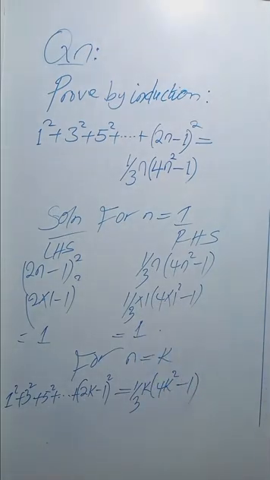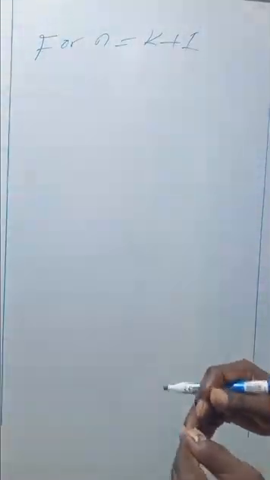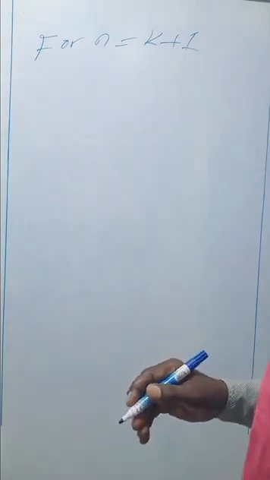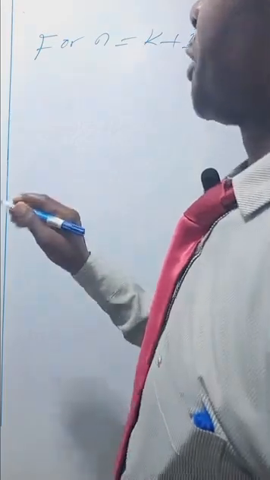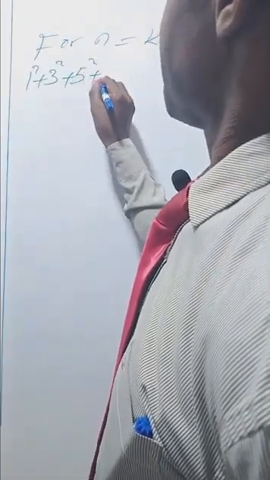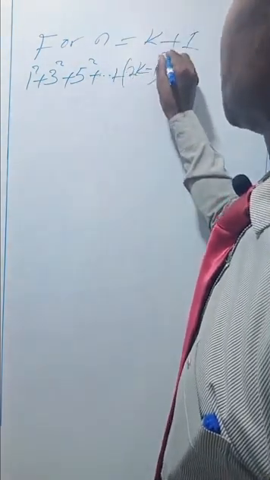So what is next now? Now we have to go for the statement whereby n equals k plus 1. For n equals k plus 1, we simply add another term which will involve k plus 1 on both sides of our statement. So the left hand side will become 1 squared plus 3 squared, plus 5 squared plus dot dot dot, plus we had (2k minus 1) squared.